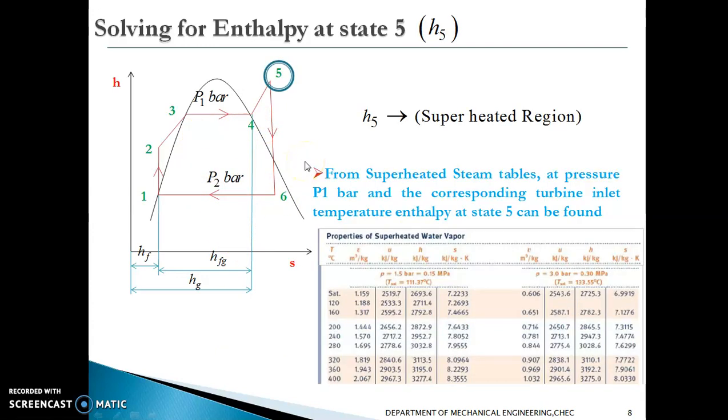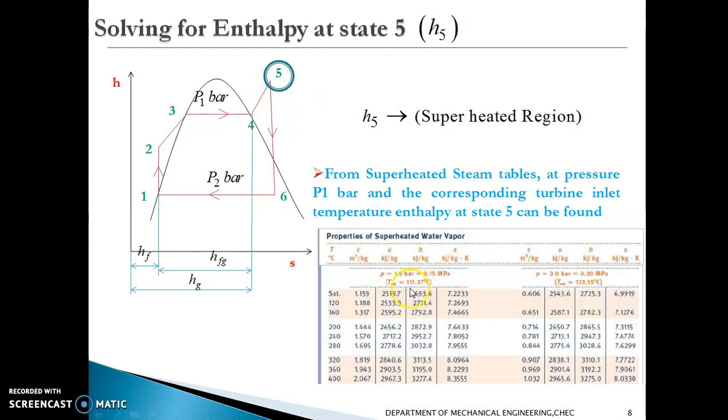And coming to state 5, state 5 is in the superheated region. This is the saturated liquid line, this is the saturated vapor line, and this is the superheated region. In the superheated region, we need two values. First is the pressure at which the superheating is taking place, and second is the temperature up to which it is superheated. So to find the enthalpy at state 5, we need pressure and temperature.